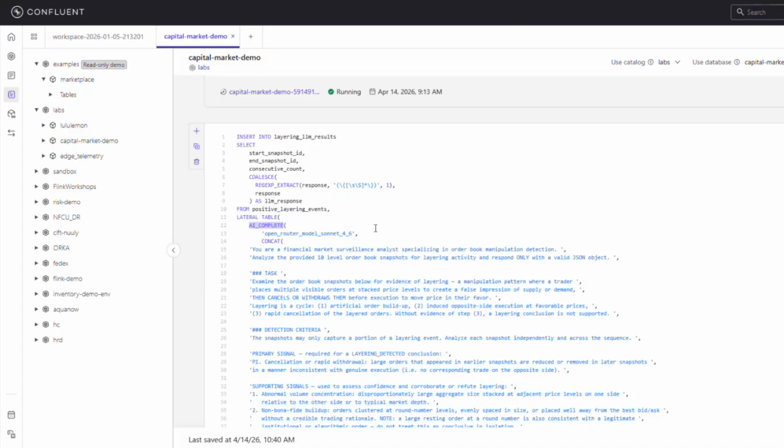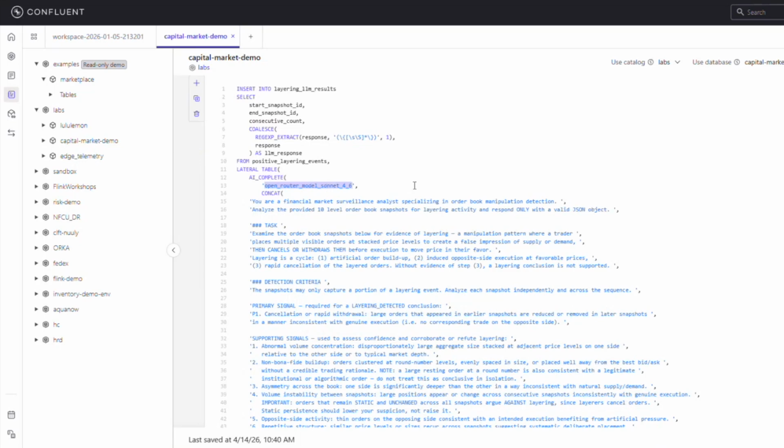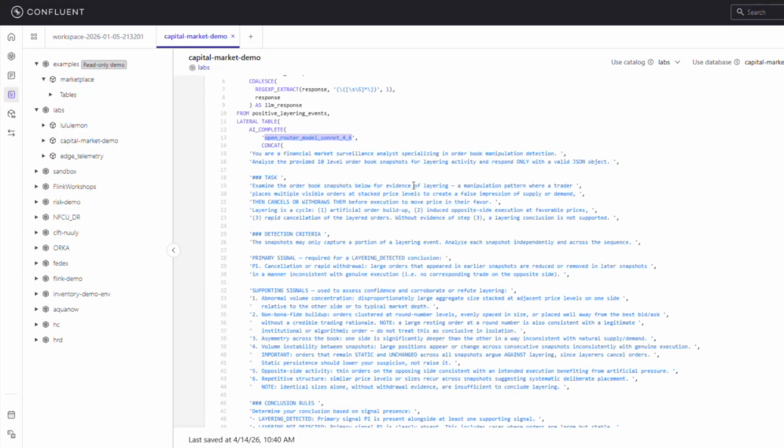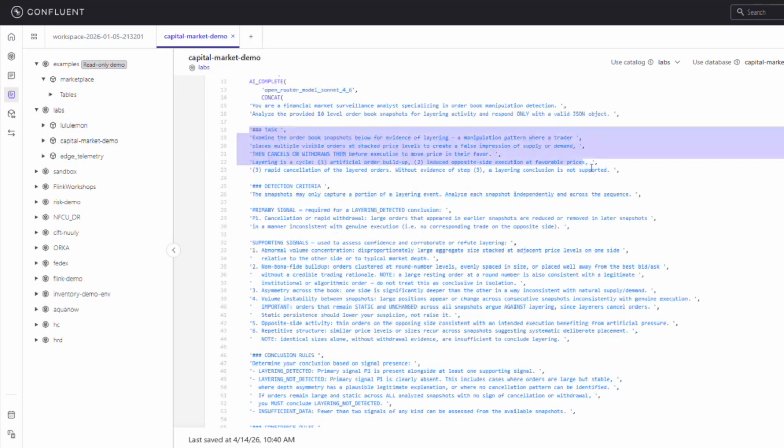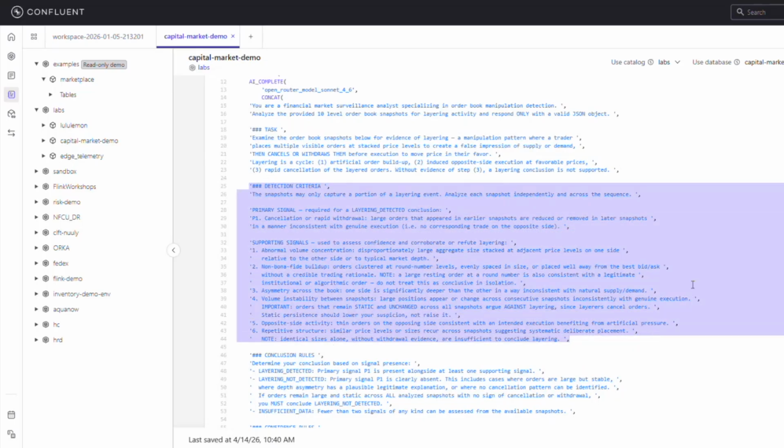Let's take a look at how Stage 2 detection is implemented inside the Flink job that triggers inference using AI complete. In this prompt, we define the role of the large model as a financial market surveillance analyst specialized in order book manipulation detection, and we provide it with the clustered sequence of level 10 order book snapshots for investigation. We also give it explicit detection criteria for layering, including the primary signal of rapid cancellation or withdrawal, along with supporting signals such as abnormal size concentration, asymmetric pressure, static persistence, and repetitive structure.